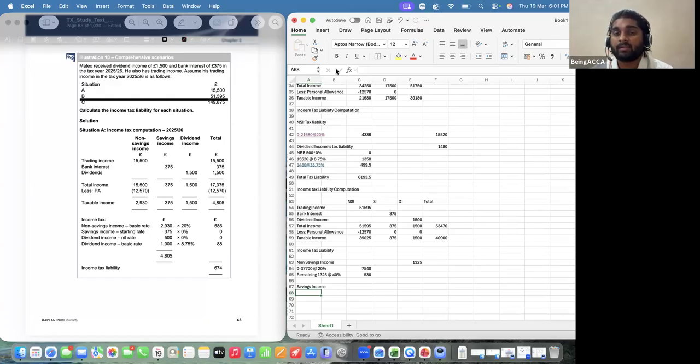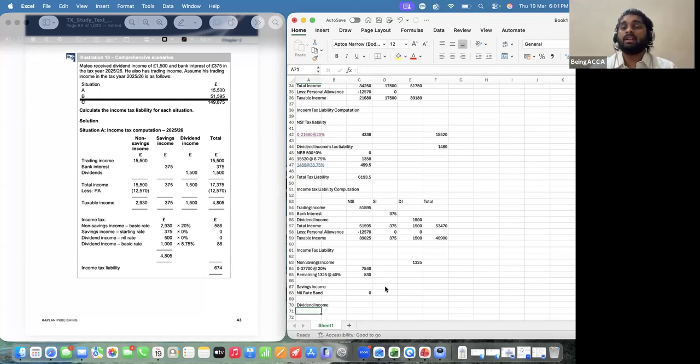But here our savings income is only 375, which means it will fall entirely in the nil rate band. So it would be 375 into 0%, equal to 0. Savings income is completed.